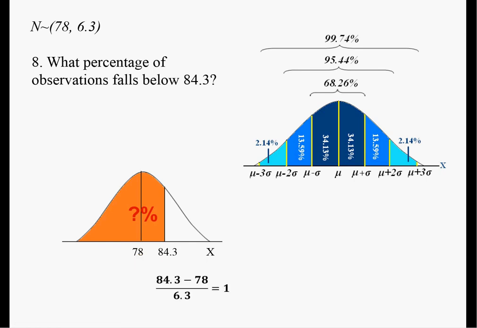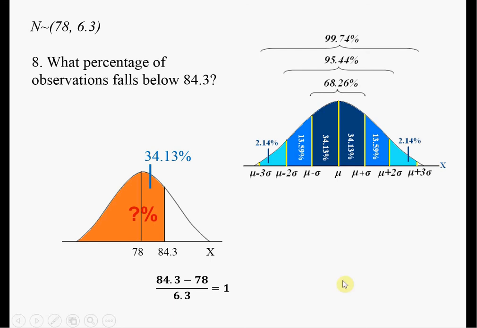We just use 84.3 minus 78 divided by 6.3. That gives us positive 1. That tells us 84.3 is 1 standard deviation above the mean. Therefore, the size of this slice must be 34.13.